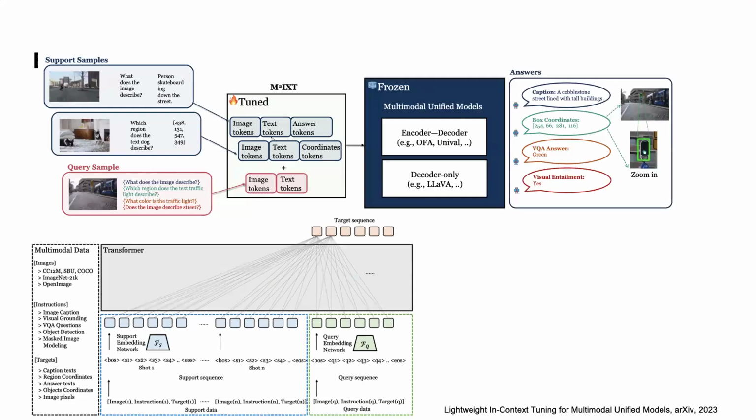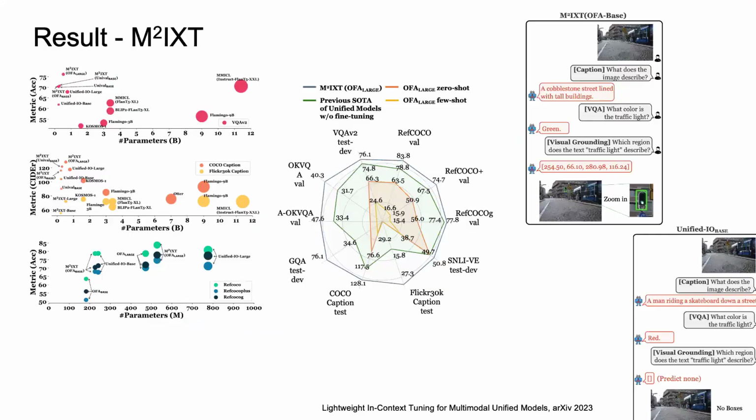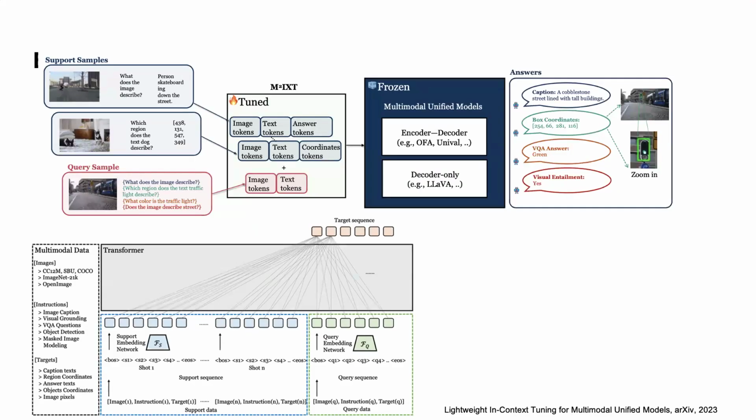That's why, as a warm-up, we propose a new method called MixT. It is a lightweight embedding network that can be prepended before any multimodal unified model, enabling it to do in-context learning. The way it works is we freeze the multimodal unified model and then do instruction fine-tuning.